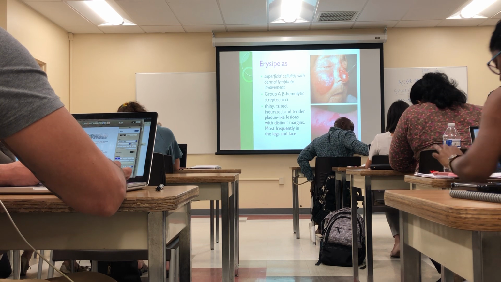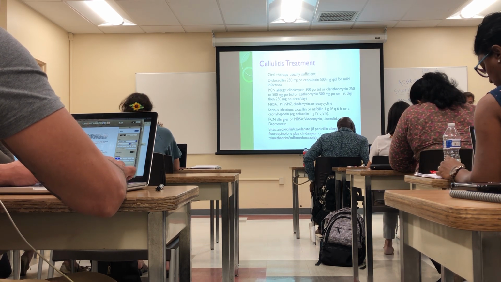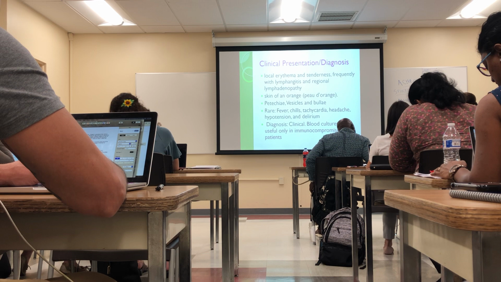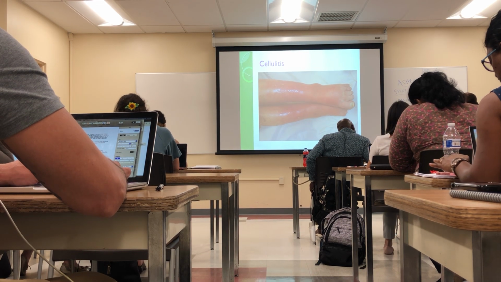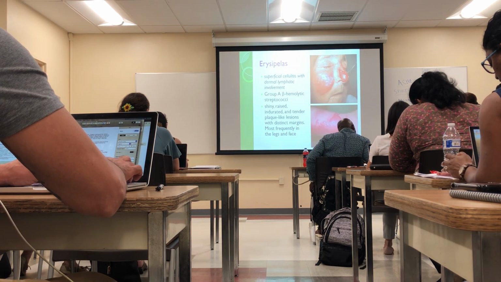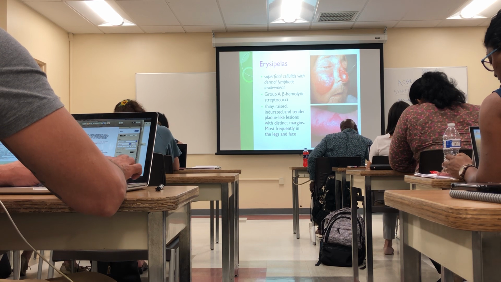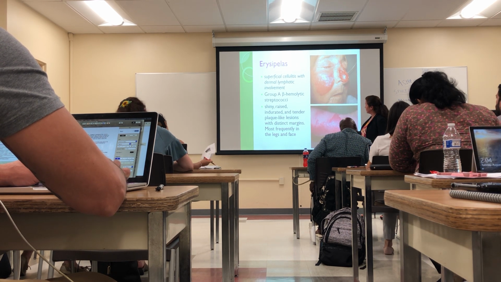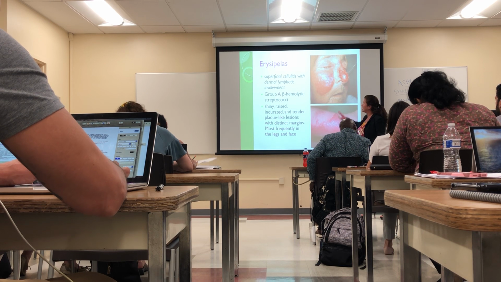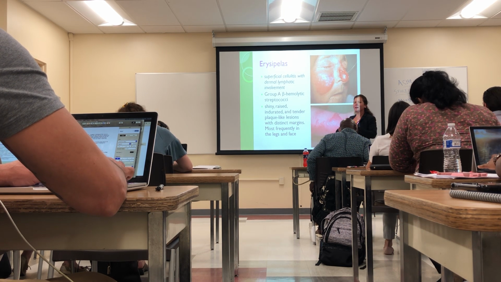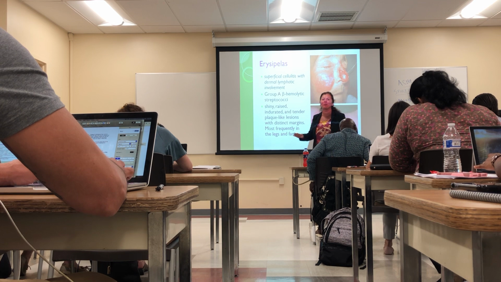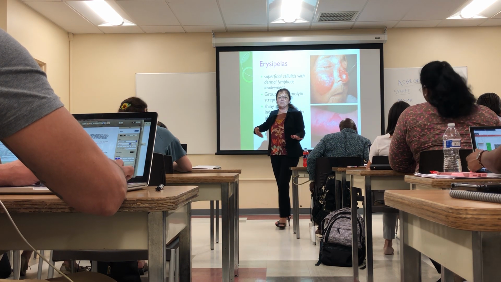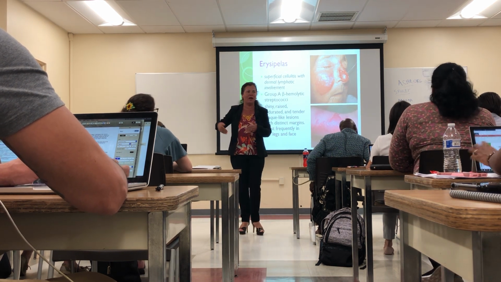As you could see, if you compare this image with the other, erysipelas has deeper borders. Okay? It's exactly the same thing. You could have cellulitis anywhere in your body. Anywhere. If you have an insect bite in your abdomen, you can have cellulitis.